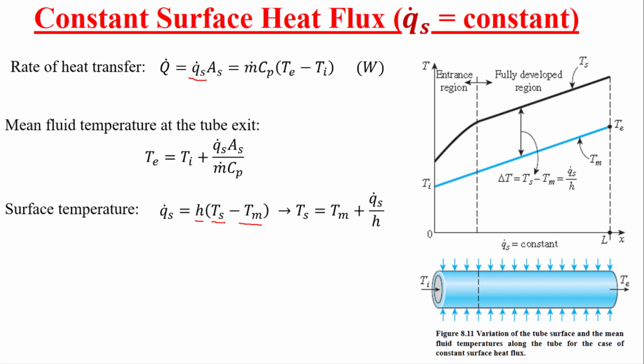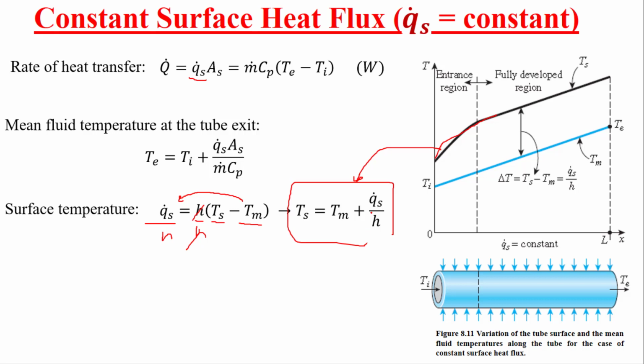I'm looking at T surface, this profile, and this profile is best described by this equation. So just rearrange it, divide both sides by h, this will cancel out, and transfer this one to the other side. So you end up with Ts equal to T mean plus Qs over h.